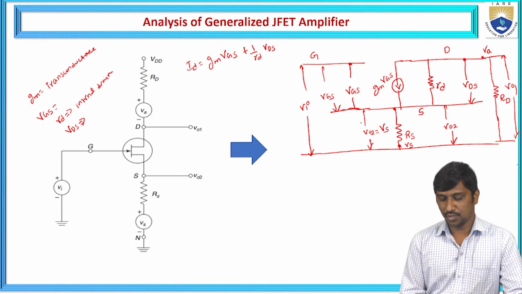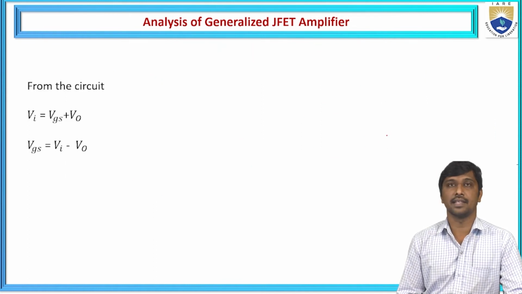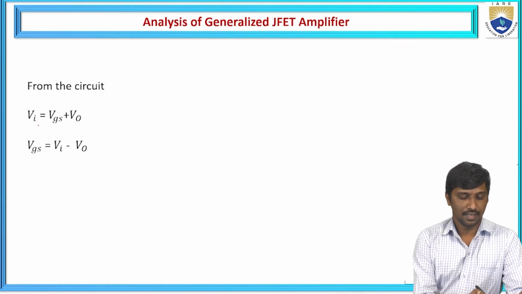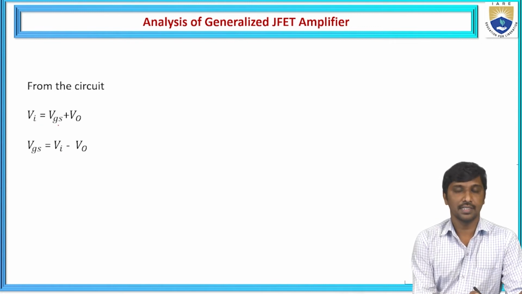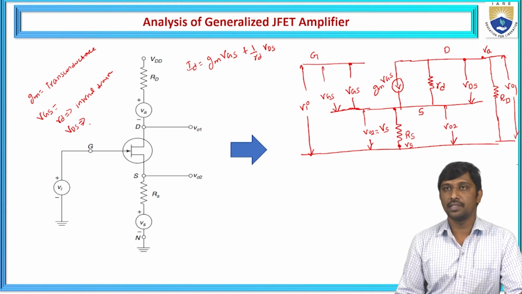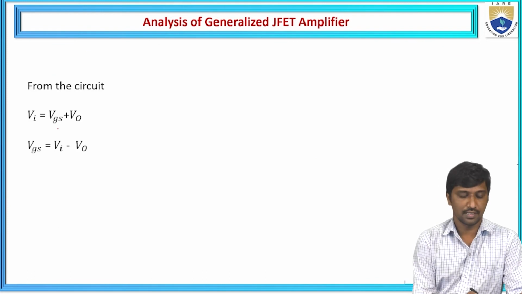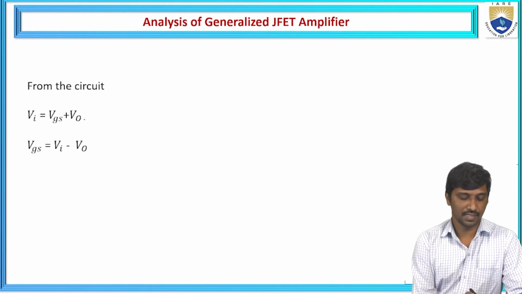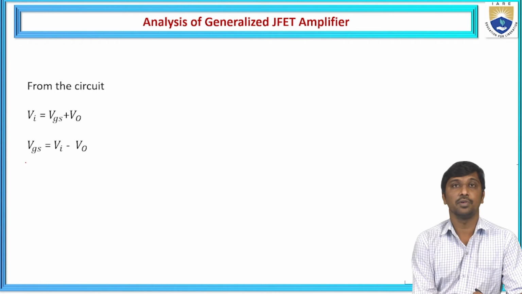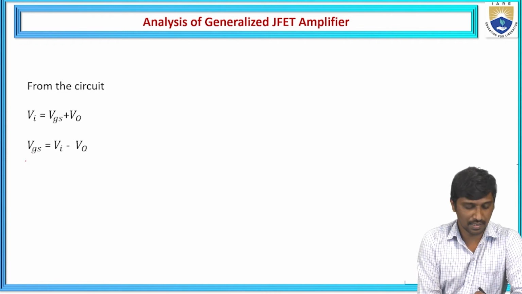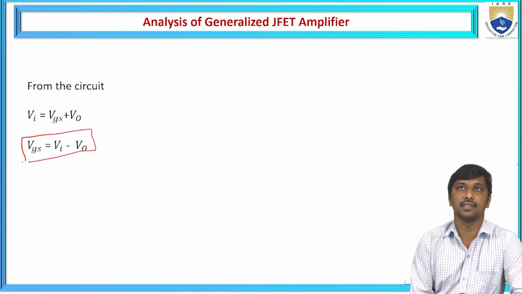One more is the voltage drop across RS, represented as VS. Hence I represent VA is equal to VGS plus VO2, and this VO2 term I consider as V0. So Vi is equal to VGS plus V0. From this we know that VGS is Vi minus V0.